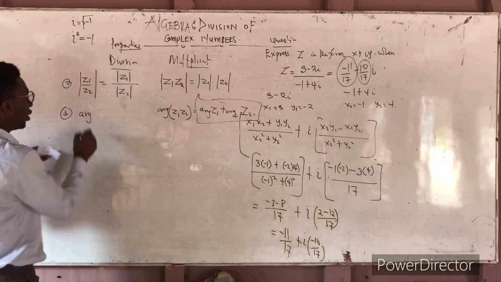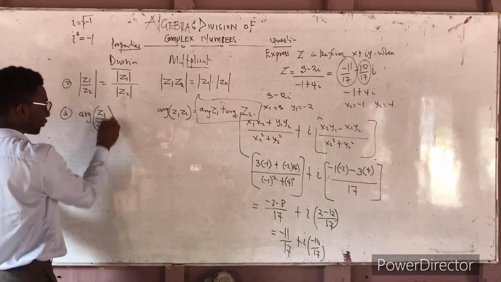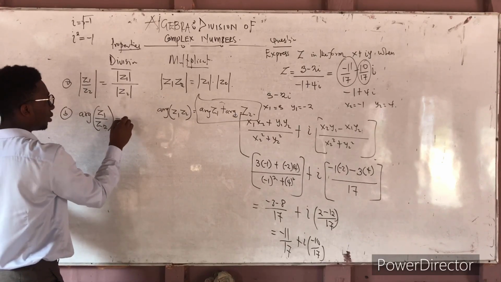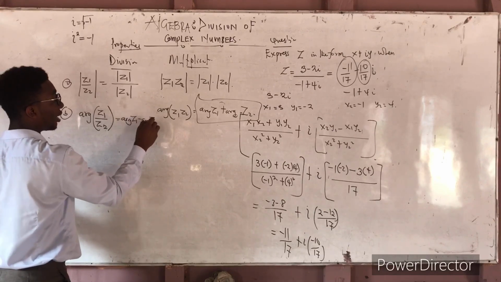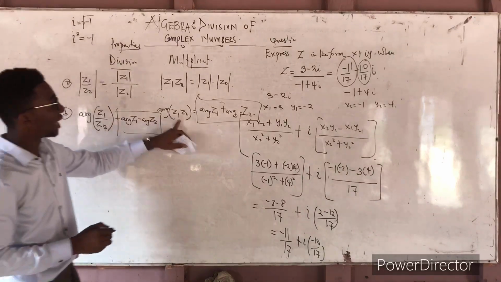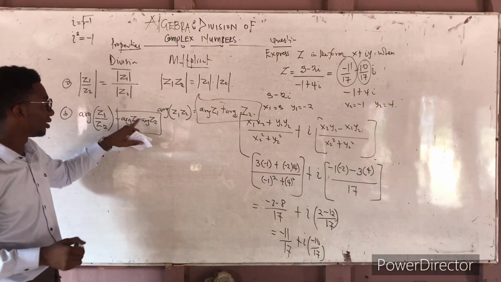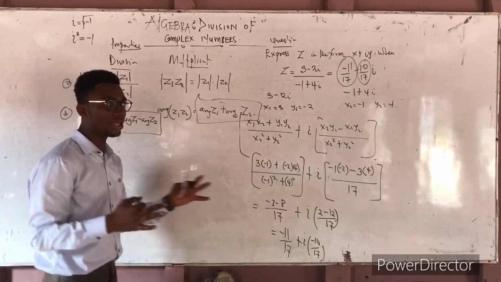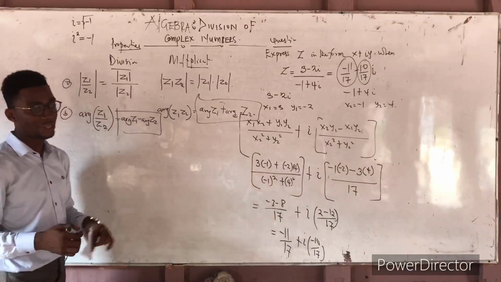That is the same way you have the argument of z1 divided by z2 is equal to the argument of z1 minus the argument of what? z2. But for multiplication, it's equal to the addition. But for division, the argument is what? The subtraction or the difference between the individual arguments.